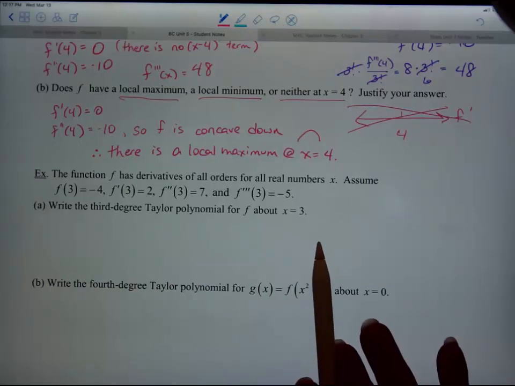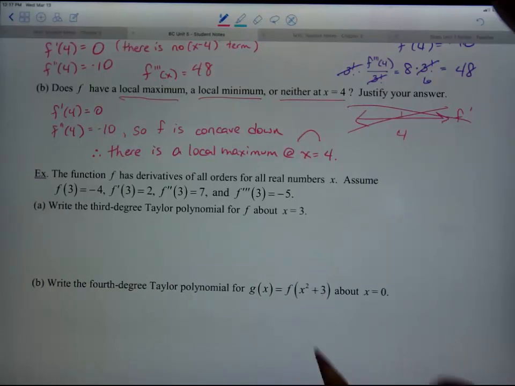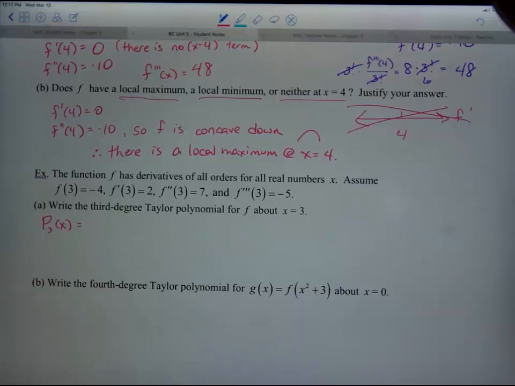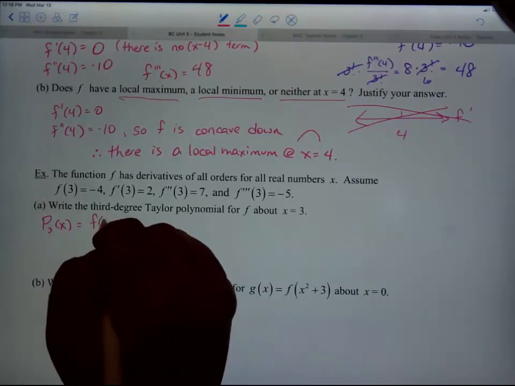Okay. I'll get you started. So what do we write? P what? P3 of x equals. Look at your flip chart if you need to. What does the first thing say if it's a Taylor polynomial? F of c over 0 factorial, which is just 1. So we're going to write f of 3.